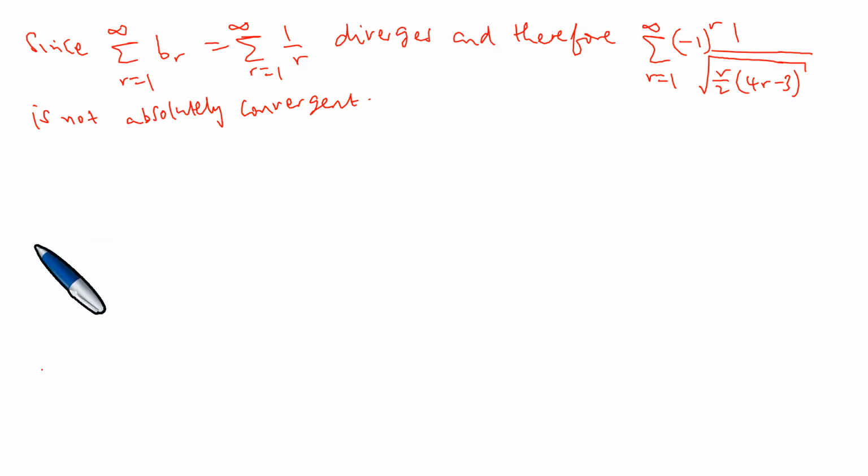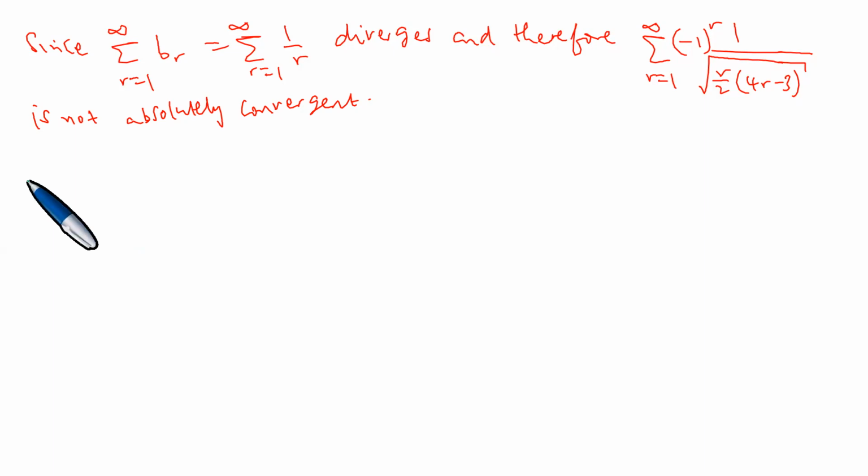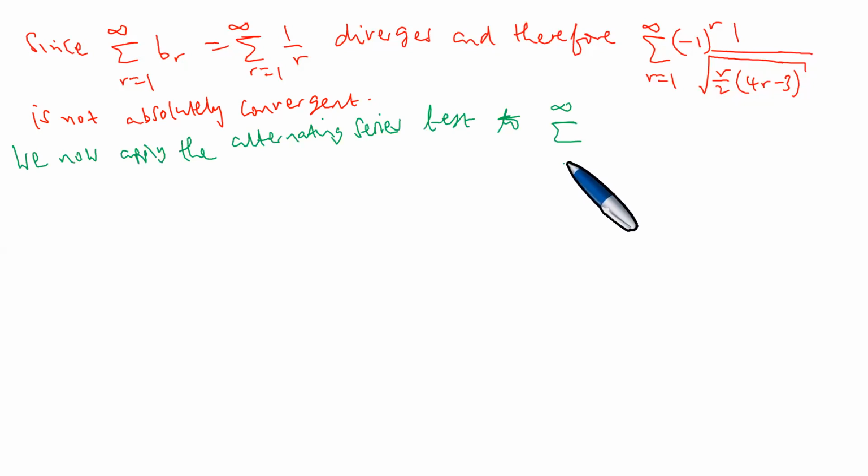So we now apply the alternating series test to the summation of the a_r.